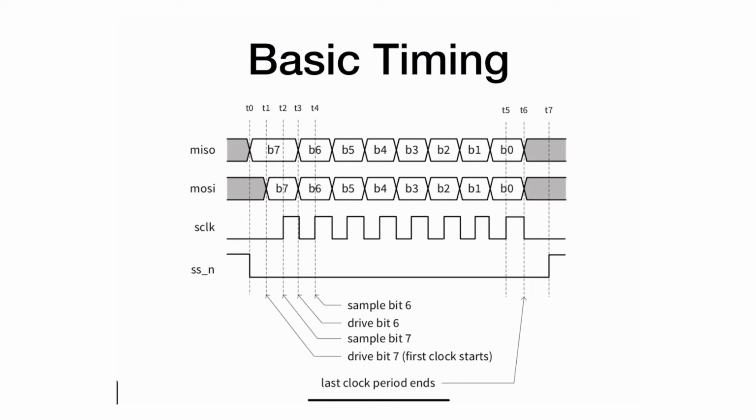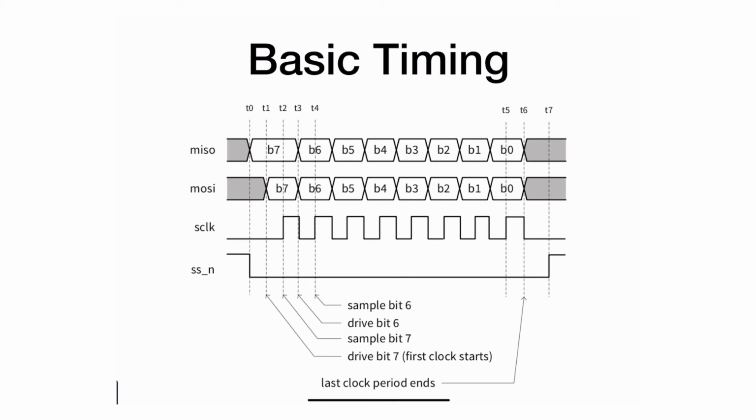We are done. Between the clock ending and the last thing the master does, which is telling the slave that I don't want to communicate with you anymore, so it deasserts the slave select, this timing is also not defined in the standard, so you're going to have to look at the default values for your particular slave or peripheral you're communicating with.